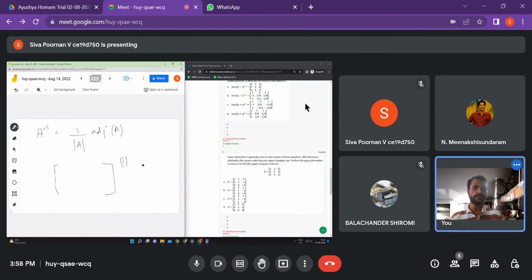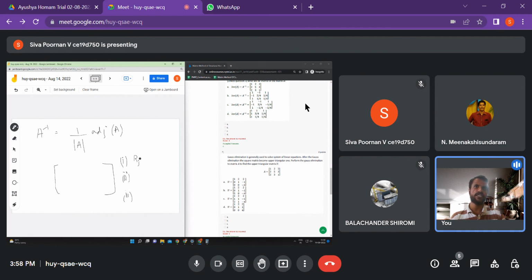What are the three rules? Do you remember? First, you can multiply any row, or column, but let's just stick to rows; it is equally applicable to columns.